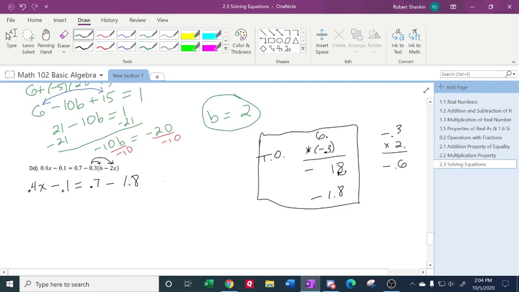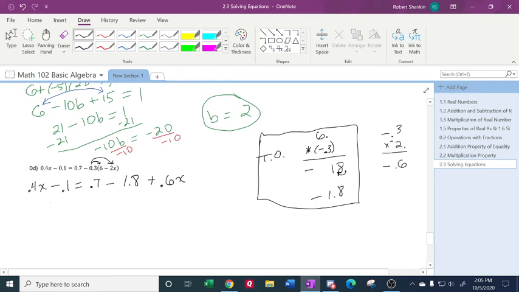So it's, but negative times a negative is positive 0.6x. Now you could also just do this in your head. You'd say 0.3 doubled is 0.6. Or you could punch it out in your calculator.